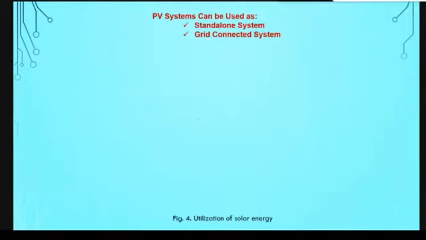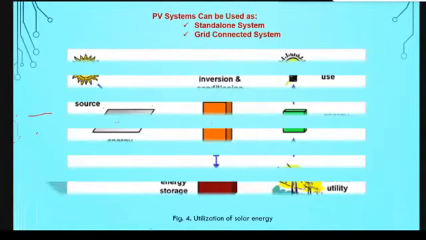From this figure, you can understand the meaning of a standalone system. This is the solar plate. You can see here that this is the solar panel, and this solar panel converts solar energy into electrical energy.